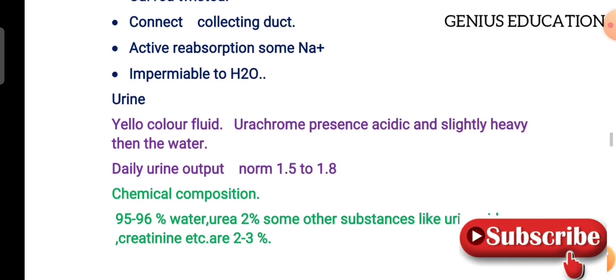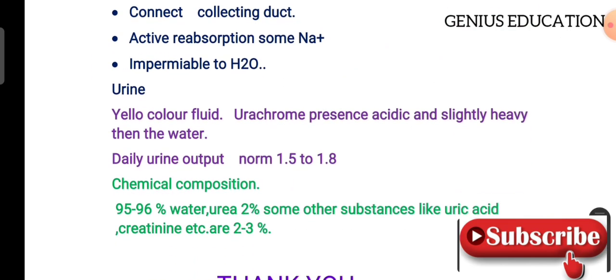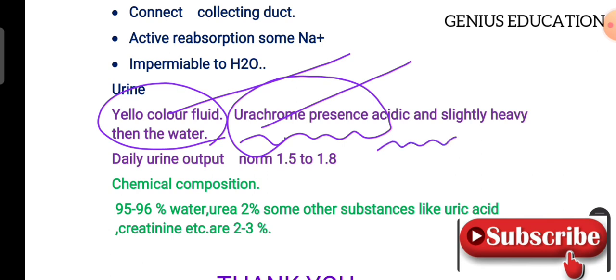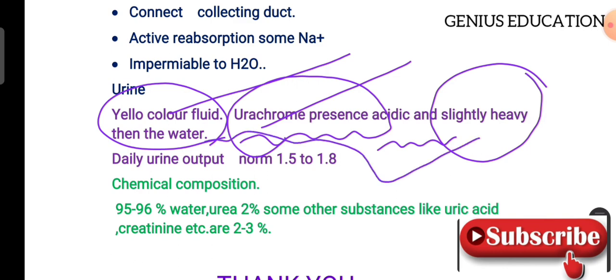And the last one is urine. Urine is a yellow colored fluid because of the presence of the pigment urochrome, and it is slightly acidic in nature and slightly heavier than water. Daily urine output in a normal human is about 1.5 to 1.8 liters.